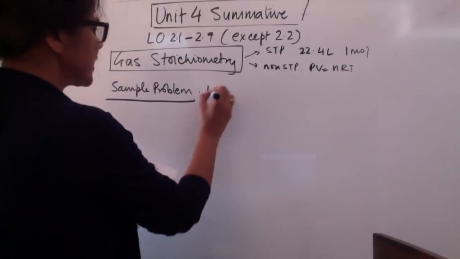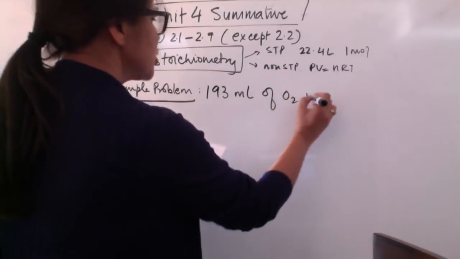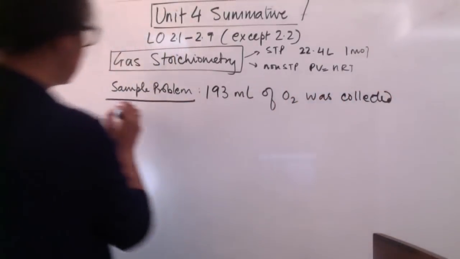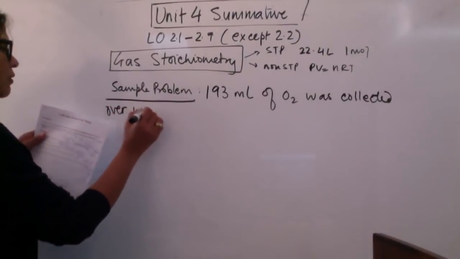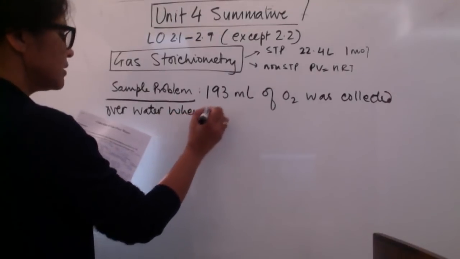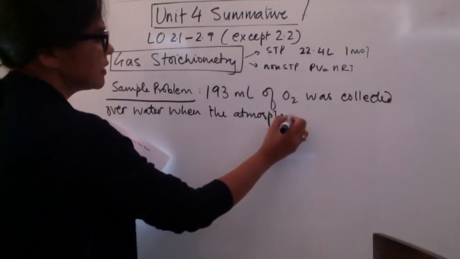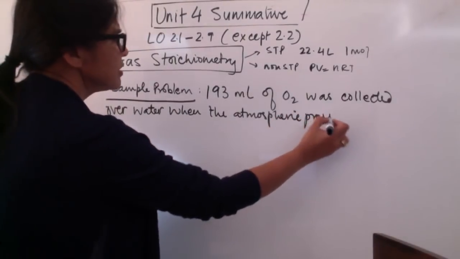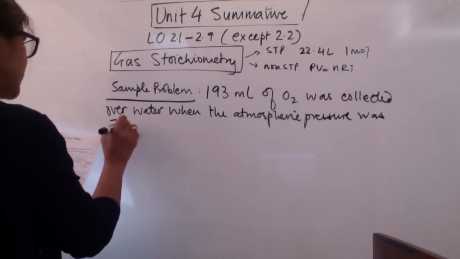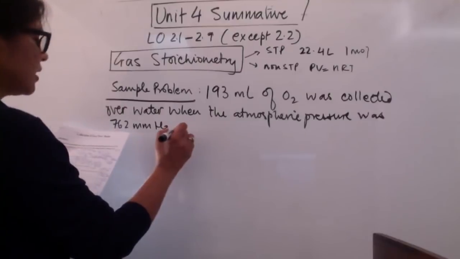So the question says 193 milliliters of oxygen was collected over water when the atmospheric pressure was 762 millimeters of mercury.